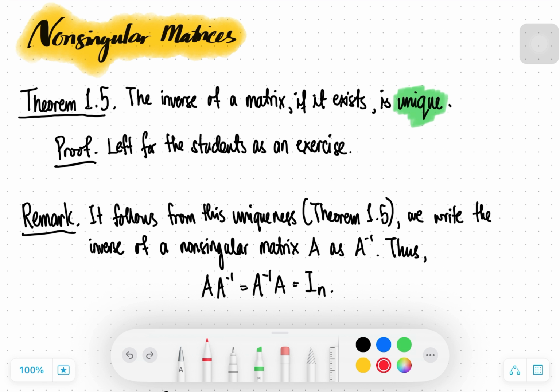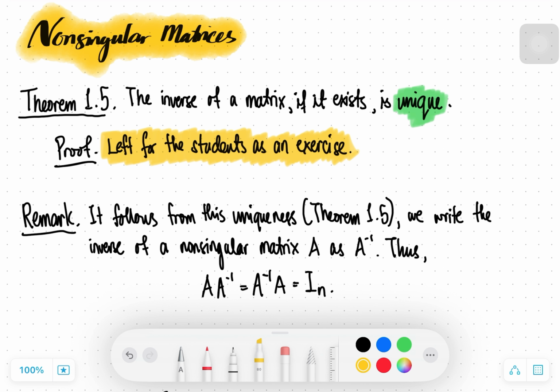When you say unique, there's only one and only one inverse for that. The proof is left for the students as an exercise. I'm going to give this to my students for them to show that it's always unique in this case, which is pretty much straightforward. It's just one example of the uniqueness proof.